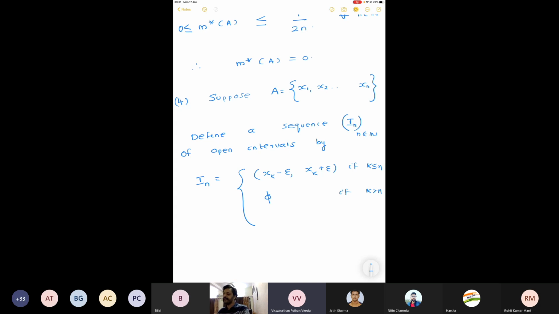So this is how I define In. So you have here x1, x2, x3. Let us write it in ascending order, doesn't matter. So this is your I1, this is your I2. I don't mind whether it overlaps or it is disjoint. Like this. And then for k greater than n, null set. Now, do you see that A is contained in union In?